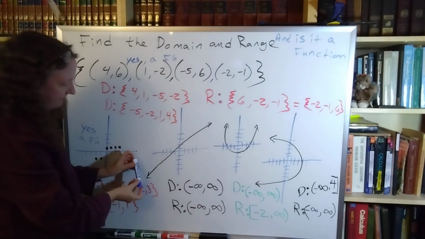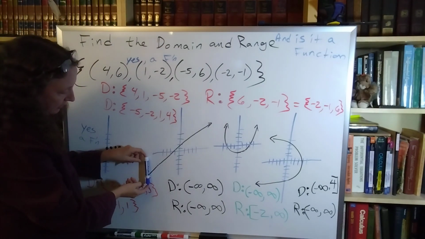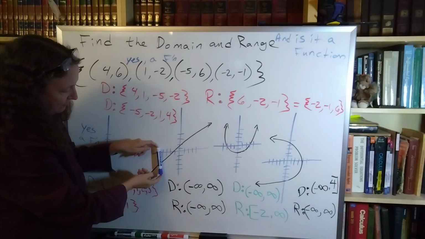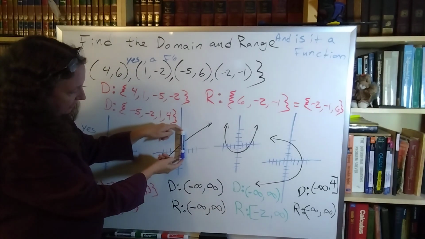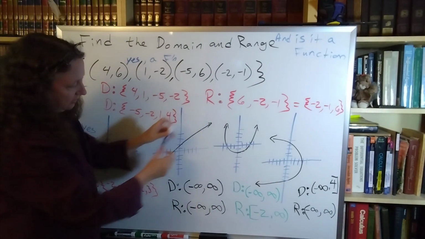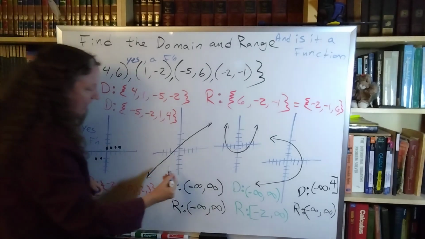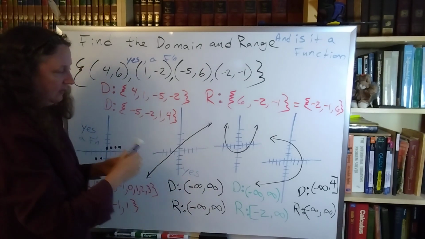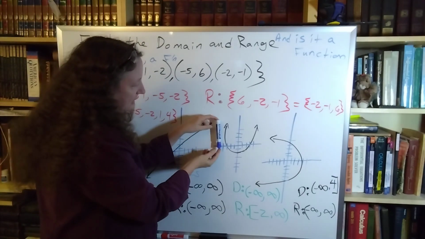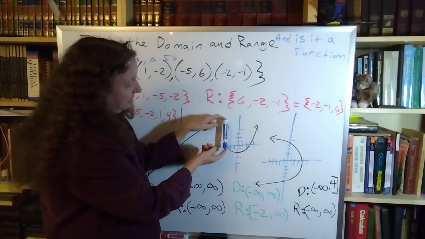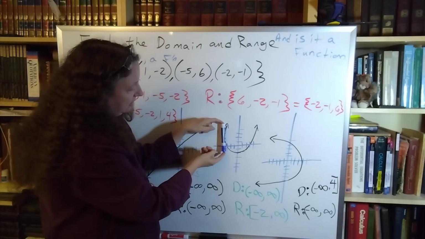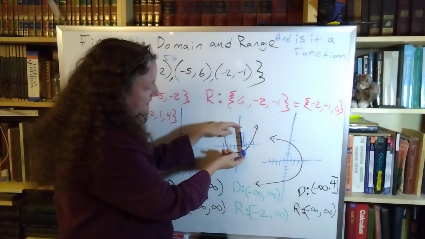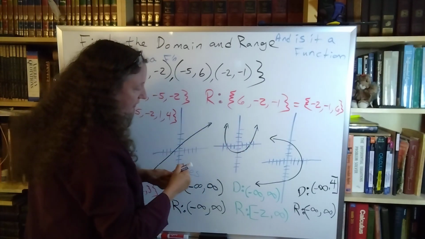Looking at this one, I do my vertical line test. So I'm looking for, does this touch my equation line more than 1 time? It does not. So my answer here is yes. Looking at this one, other than being a poorly drawn line, it does not touch more than once. So this one is also yes.